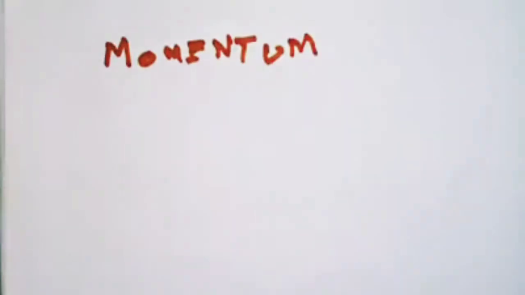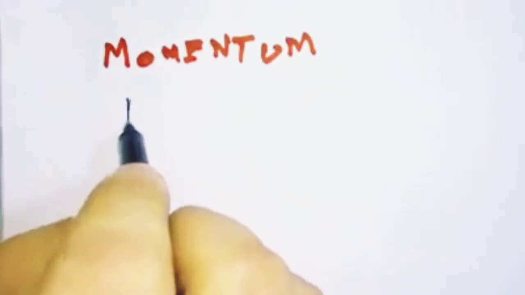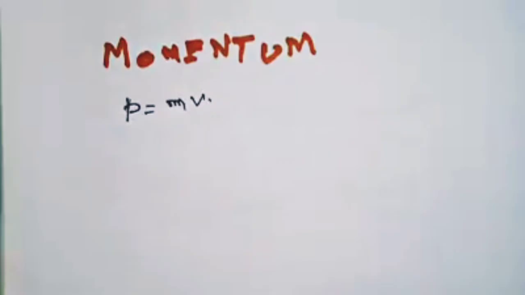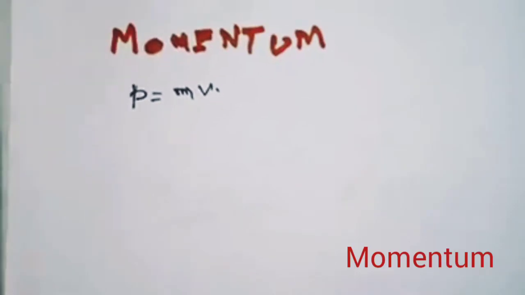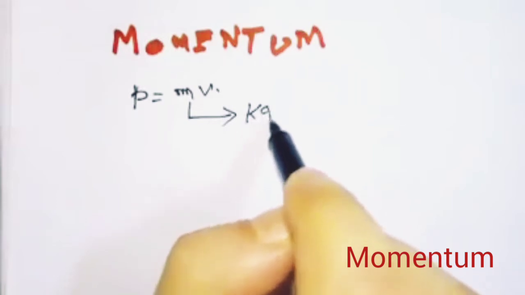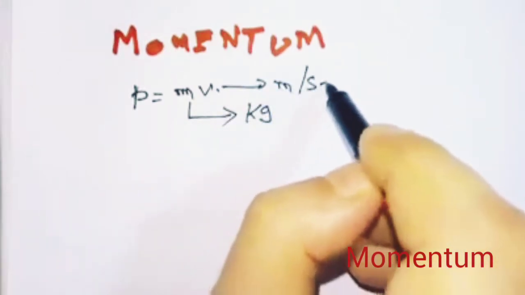Momentum, as we know, is given by the notation P equals mv, where we denote momentum as P equals m times v. This is mass, this is velocity. Mass is measured in terms of kilogram. Velocity is measured in terms of meters per second.